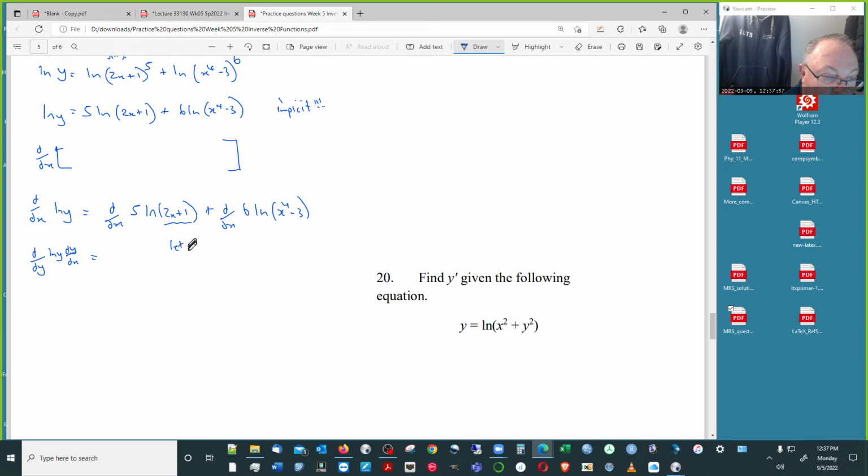So let u equal 2x plus 1, du dx equals 2. d/du of 5 ln of u is equal to 5 over u, which is 5 over 2x plus 1. Now we're going to times those together.